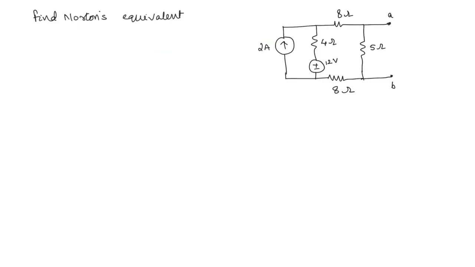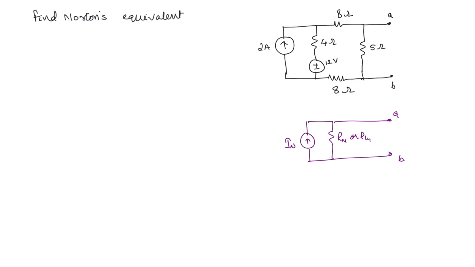Now we will do a question: find the Norton's equivalent of this circuit. The terminals A and B are here. What do we have to get here? We have to get IN and Rn or RTH, since both are same. Since we already know the method of getting the Thevenin's voltage, you can get Thevenin's and then apply source transformation to get Norton's.